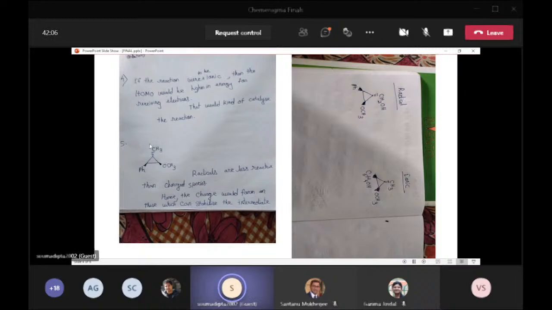If there is a high HOMO-LUMO gap, the reaction would not go so fast. If the HOMO-LUMO gap is decreased, like if the HOMO energy is increased, then it would catalyze the reaction. So that's what I meant. If the reactions are ionic, then the HOMO would be higher in energy for the electron donation. I meant electron donation. I wrongly have written receiving electrons. Okay, I'm done. Thanks.